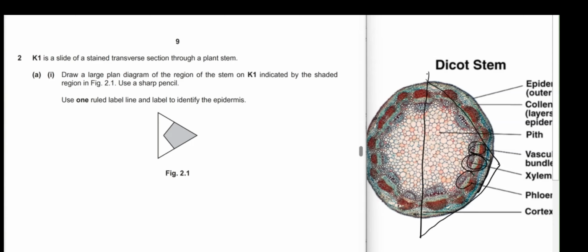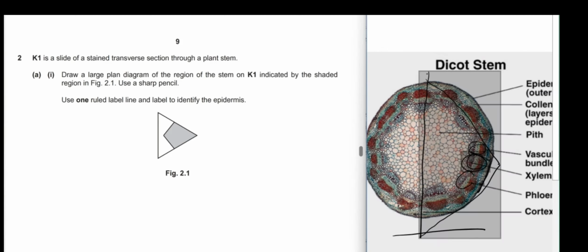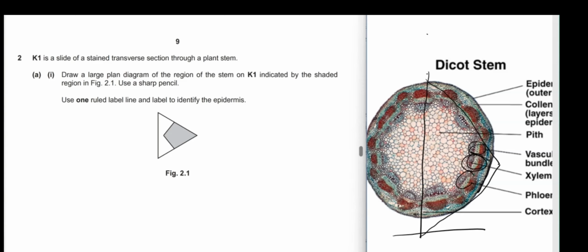Now, because we don't have the microscope available here and we cannot show you the image that is seen in the microscope, I'm just taking the usual TS of a dicot stem. If this is the slide that we see in the microscope, we usually focus it at power 10 when we have to make the plan diagram.